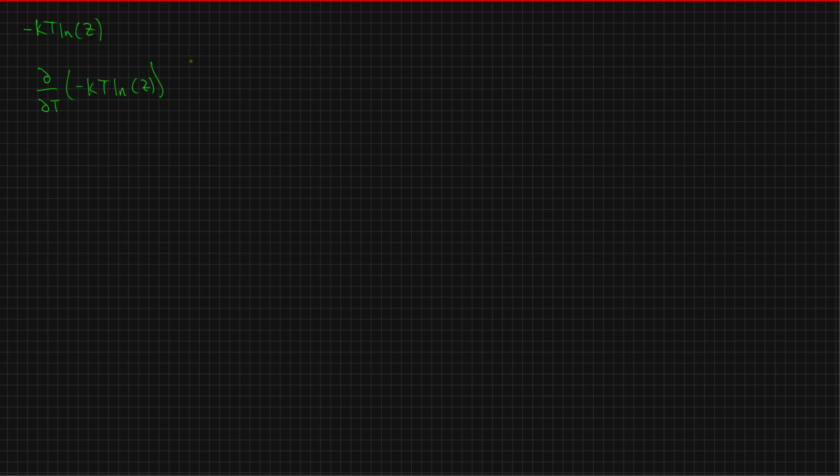It's fairly straightforward. There's a temperature dependence sitting outside, so there'll be minus k ln of Z. And there's also a temperature dependence hiding in this Z factor, right? The partition function depends on what temperature you're talking about, so we have to actually take that into account.